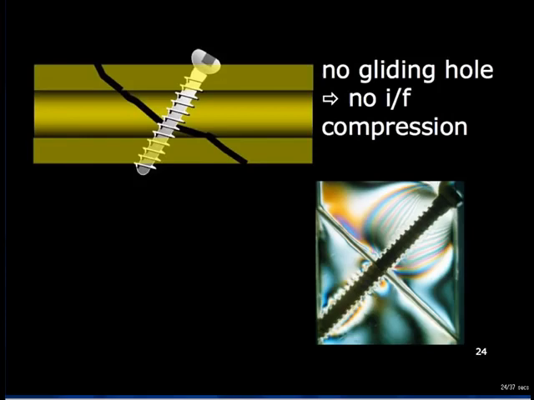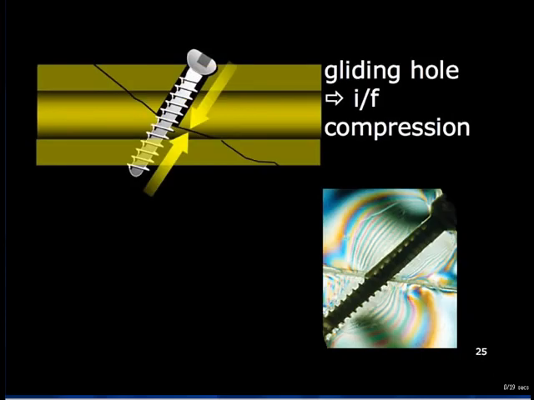This can be seen in the polarized light model, where the force lines generated by the grip of the screw threads in the fragments, plus the compression forces generated by the screw head in the near fragment, are visible. In this model, the threads have been prevented from purchasing in the near fragment by drilling a gliding hole at least the diameter of the outside thread diameter. The head then generates compression forces which can be seen to pass across the fracture plane. This is known as the lag screw technique.